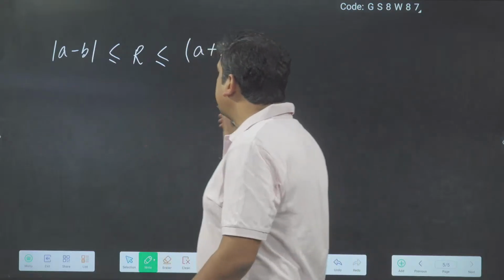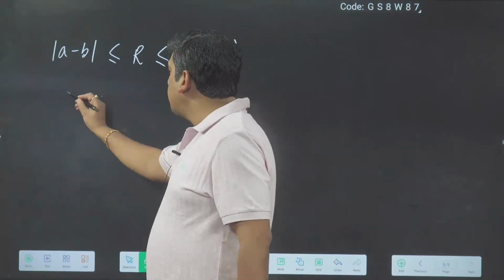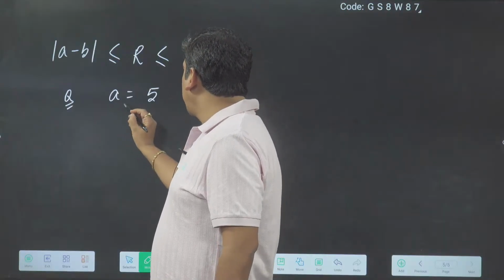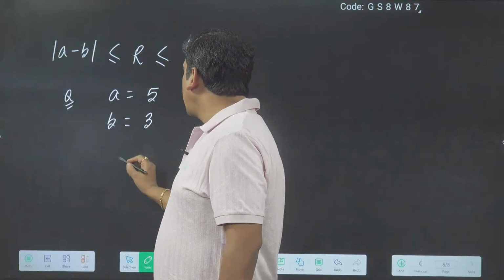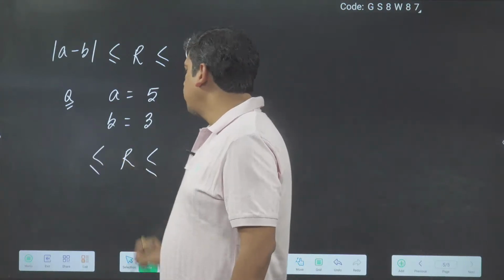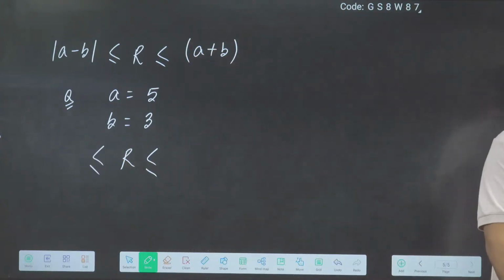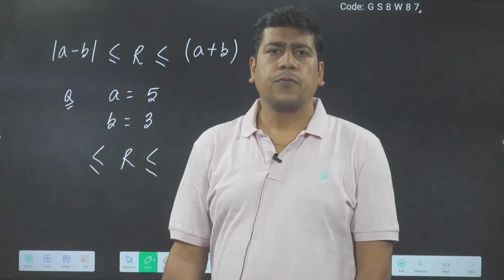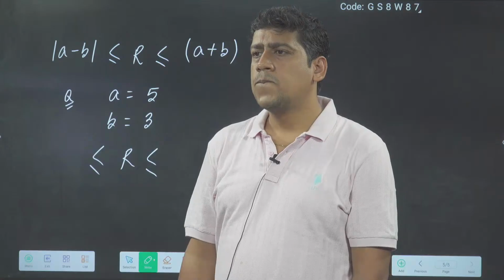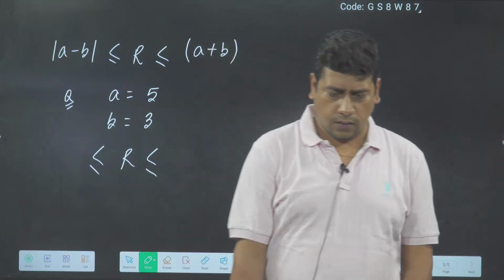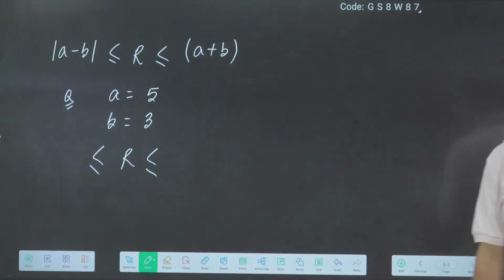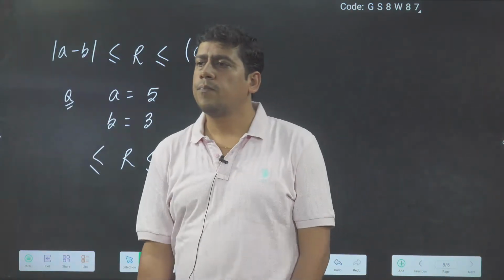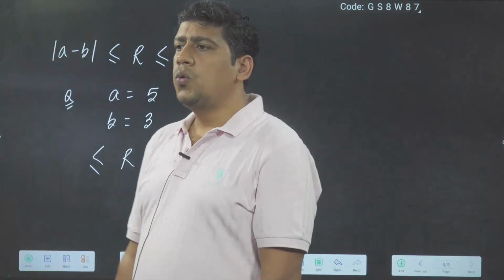Now if I say the value of A is 5 and the value of B is 3, tell me the range of R. What is the minimum value of R? What can be the maximum value of R? 2 to 8.